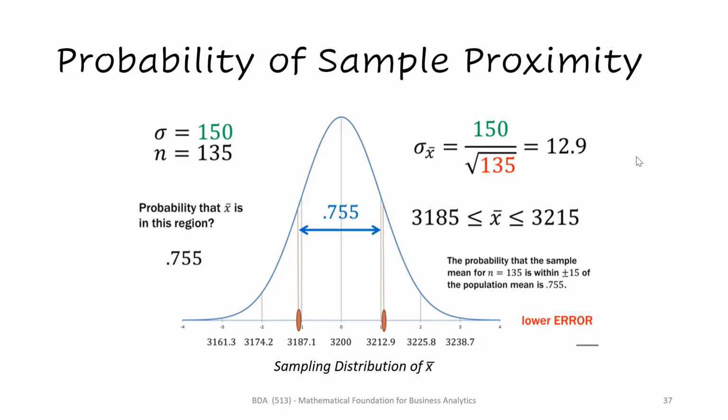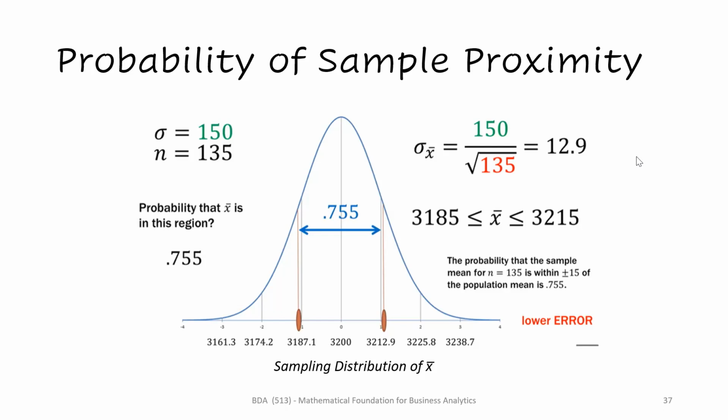Hello, Nana. Yes, Melody. Please, it's basically the same as what Nancy just mentioned. So the Z upper, I got the 15 divided by the 12.9, and I got 1.16. And the Z lower, I got negative 15 divided by the 12.9, which I got negative 1.16.